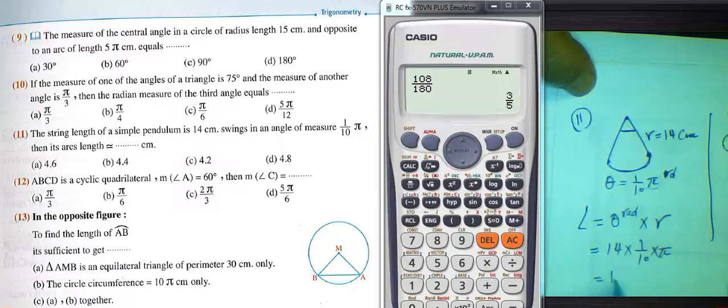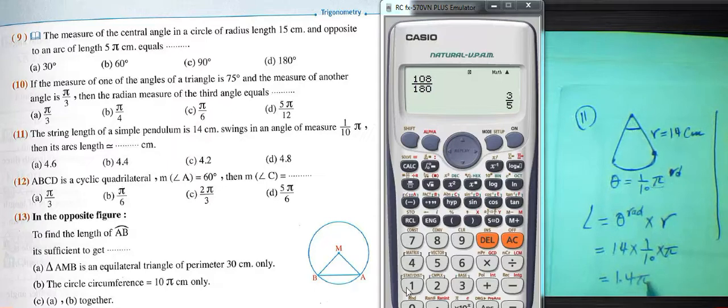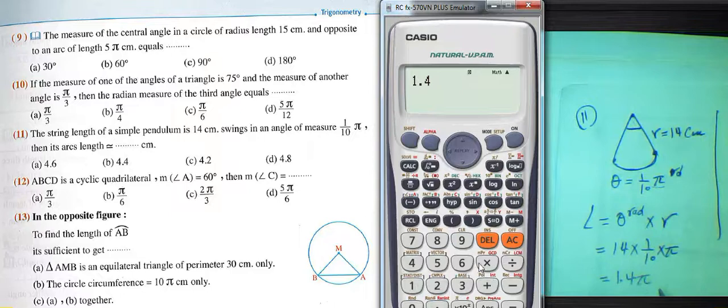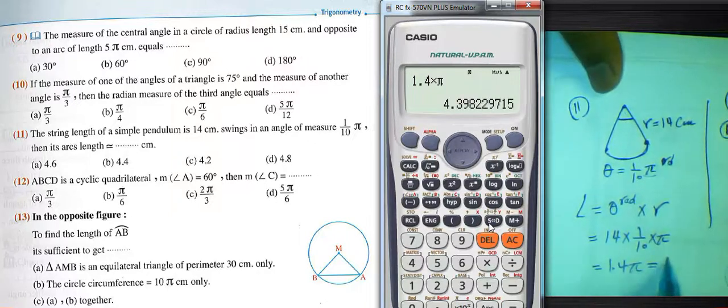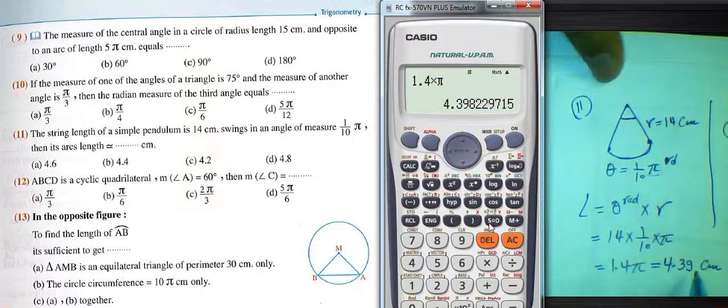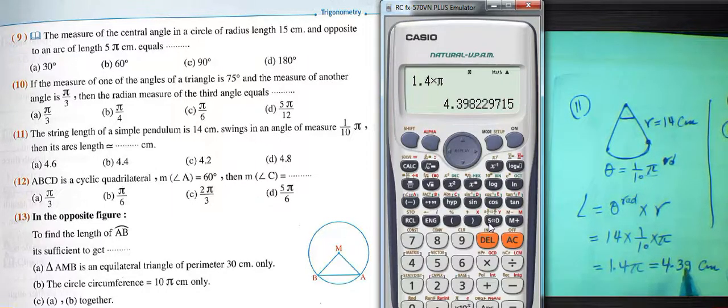14 multiplied by 1/10 multiplied by pi. We can find the result by calculator: 1.4 multiplied by pi. The result will be 4.39 centimeters.